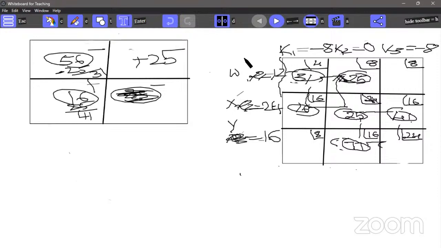In this cell, 41. Erase 41, erase the 25 completely, and put 41. Is the new matrix clear now?